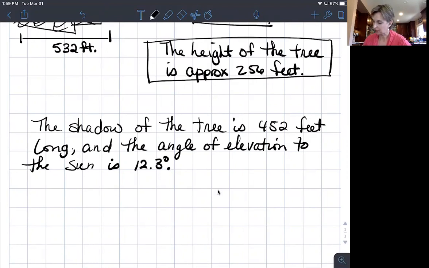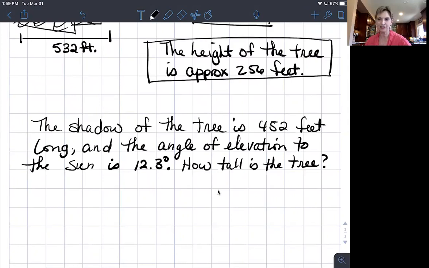Now how tall is the tree? Okay, so you're going to pause the video, solve for the height of the tree, and once you get that answer, then you'll push play again.